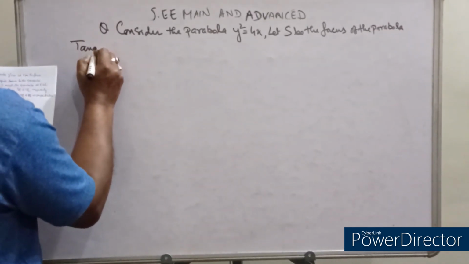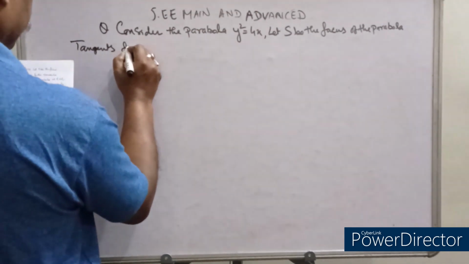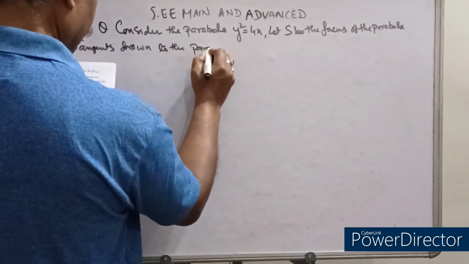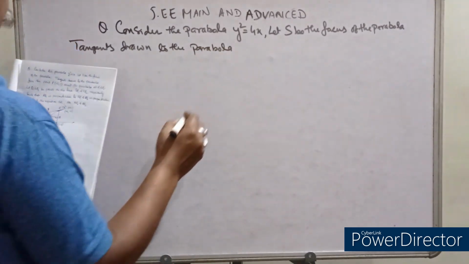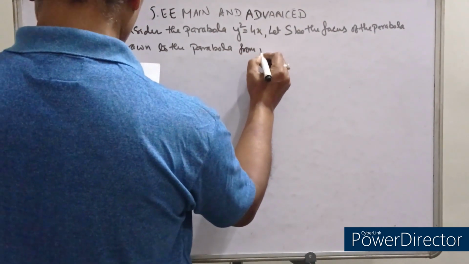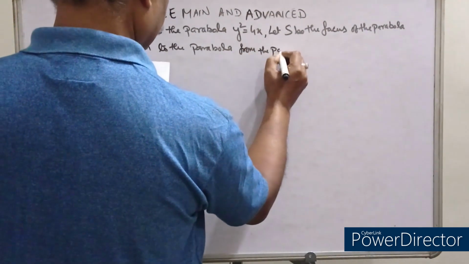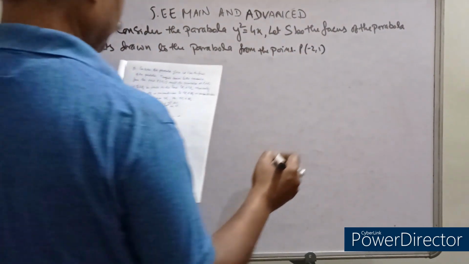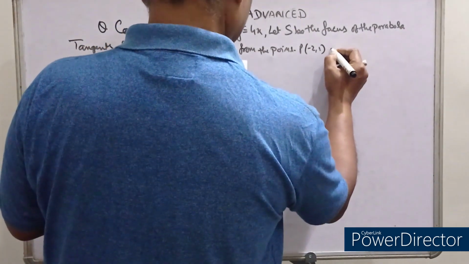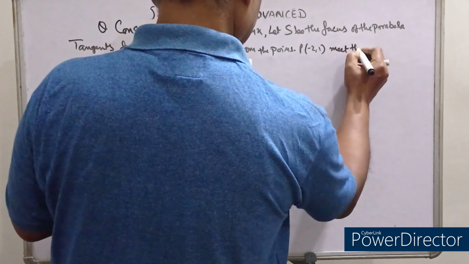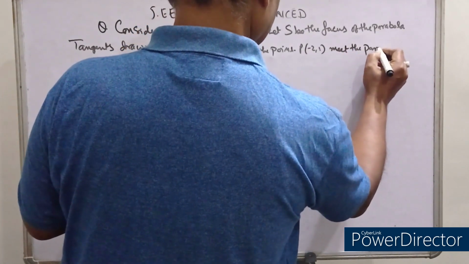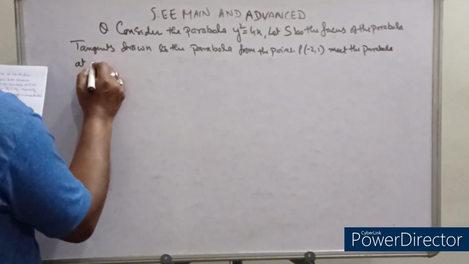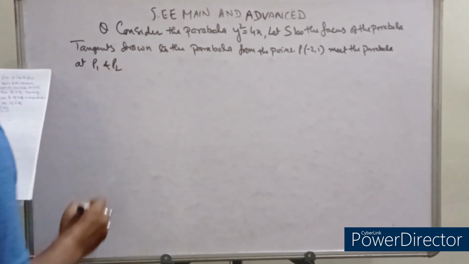Tangents drawn to the parabola from the point P(-2, 1) meet the parabola at P1 and P2.